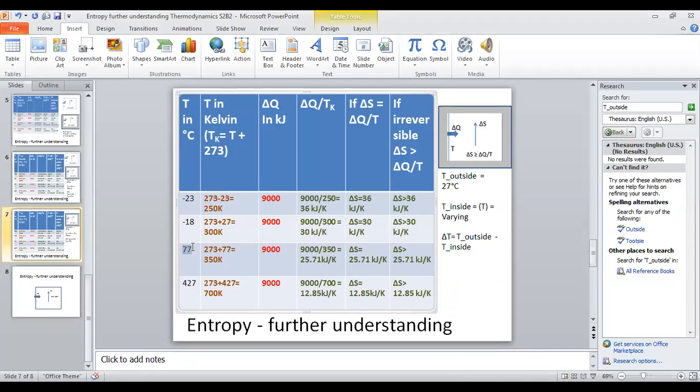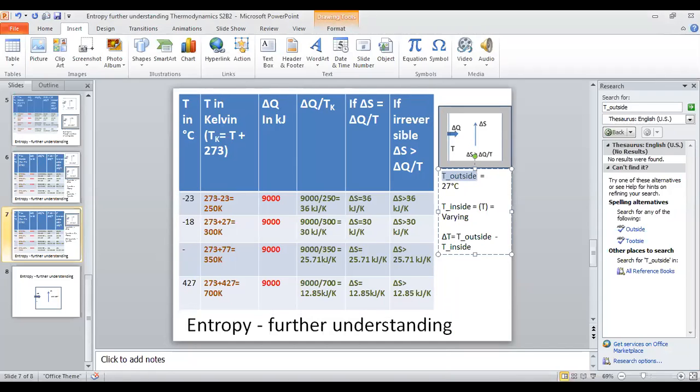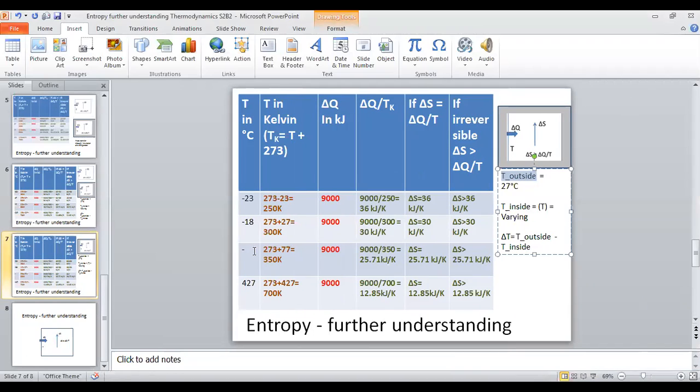And I will put minus 13 here. Minus 13 is the soft serving temperature of ice cream. And when it comes to dairy products, 0 to 3, let's say 3.